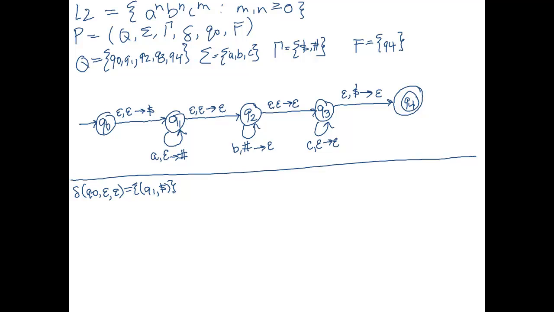Delta on state Q1, where I read A from the input and nothing from the stack, I go back to Q1 and I push a pound symbol. Delta of Q1, if I read nothing from the input and nothing from my stack, I go over to state Q2 and I push nothing to the stack.